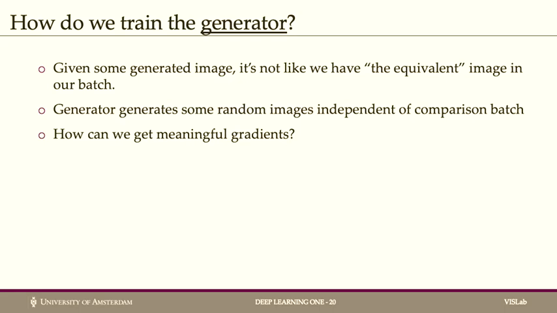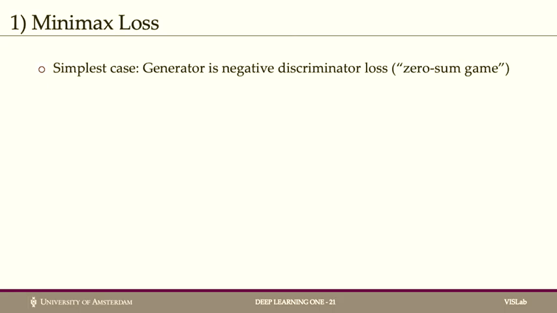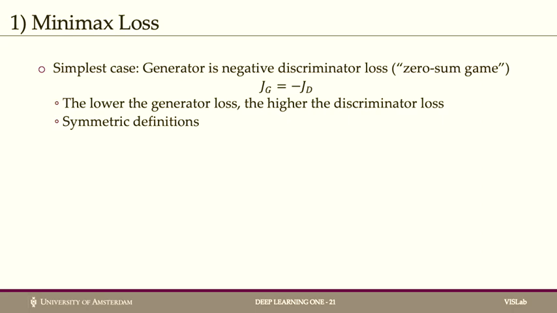The first version is the so-called minimax loss. The simplest case is giving the generator the negative discriminator loss. So basically, the loss of the generator is simply minus the loss of the discriminator, which makes it symmetric.